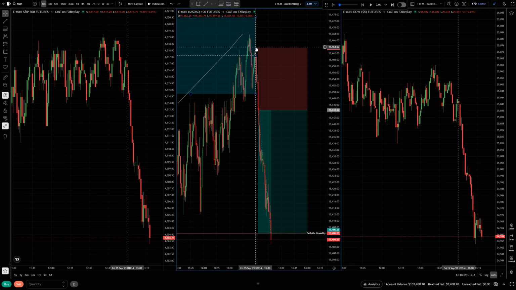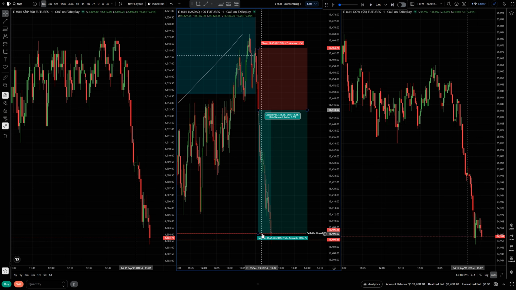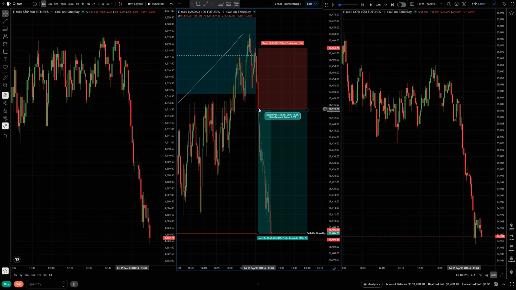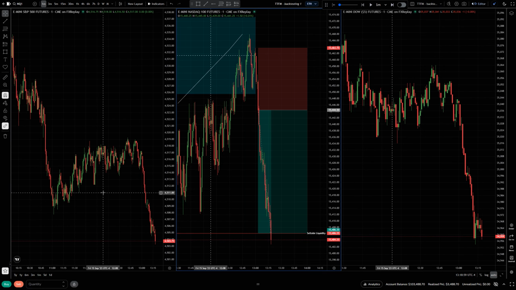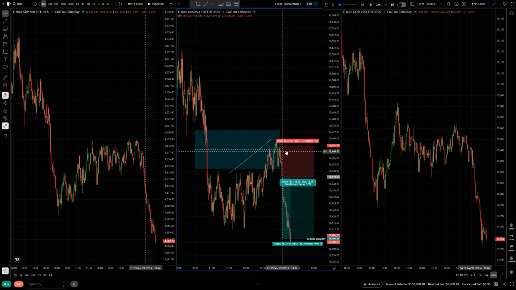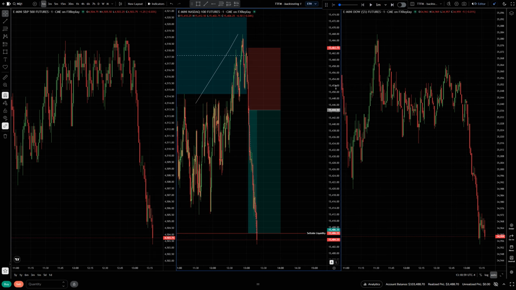I put my stop above this high to get a perfect 1 to 2 risk to reward down to this low, and you can see that on all of the assets here at the 13:03, all of the assets were expanding to the downside, so we were fully aligned. We had a lot of resting liquidity on all of the assets, so this was basically an A+ setup.